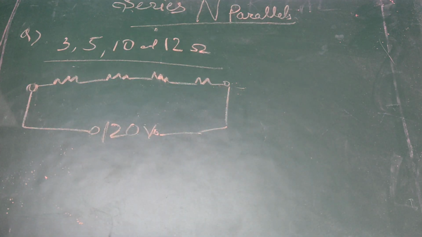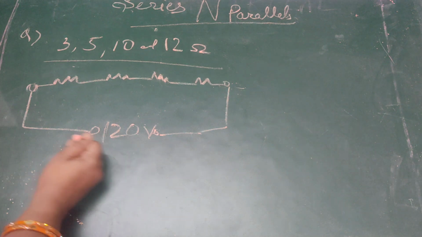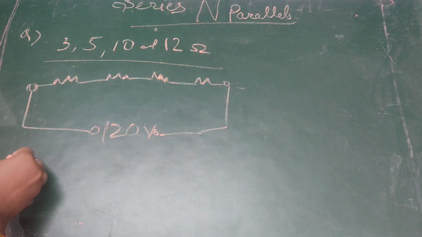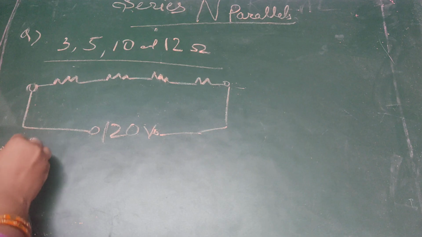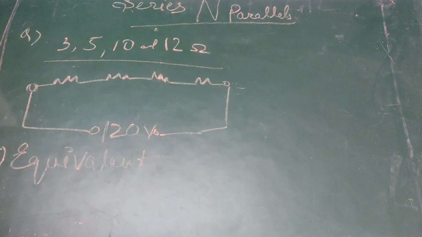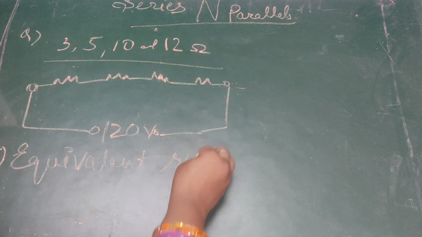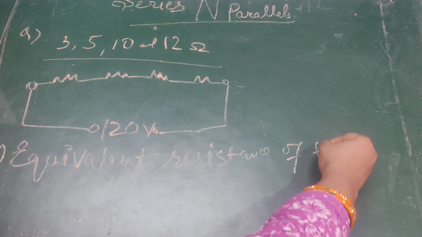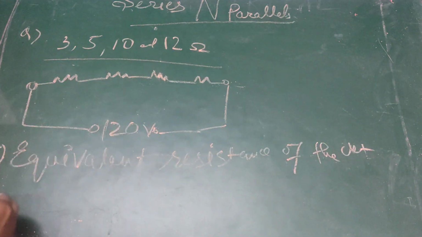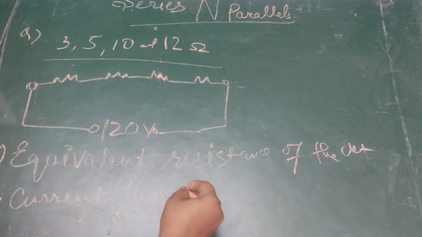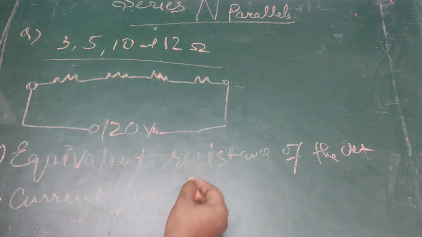So what do you have to find? We have to determine the equivalent resistance of the circuit and the current flow through the circuit.